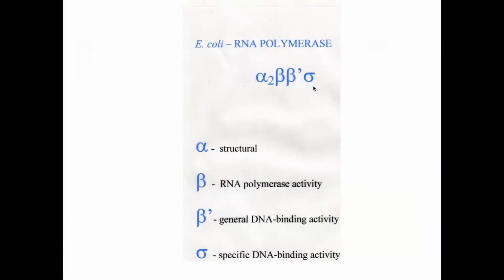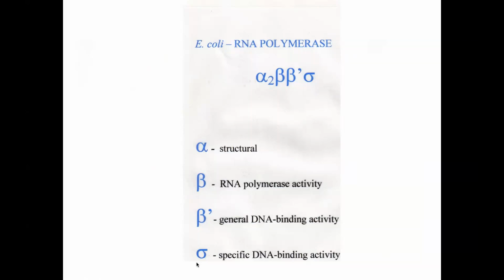In this case, there are 4 different subunits: 2 alpha subunits, a beta subunit, a beta prime, and a sigma subunit, all different polypeptides. All of these aggregate into a complex that then functions as an RNA polymerase.